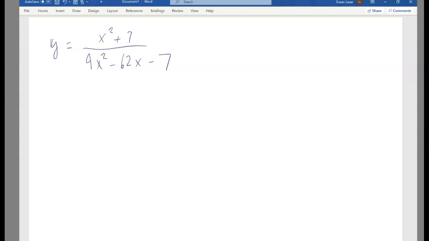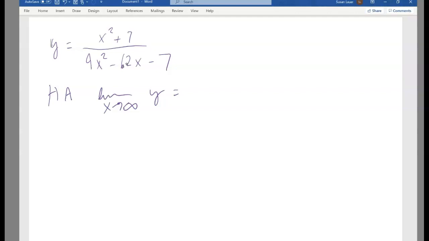So y equals x squared plus 7 over the denominator. My horizontal asymptotes, HAs, are the limit as x goes to infinity of y. But my y in this case can't be factored. x squared plus 7 doesn't factor.